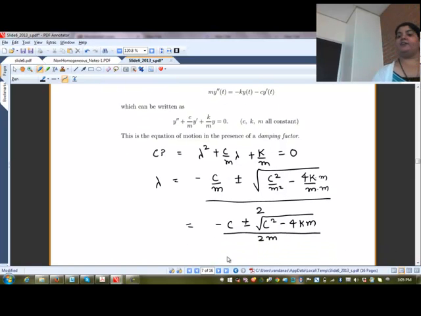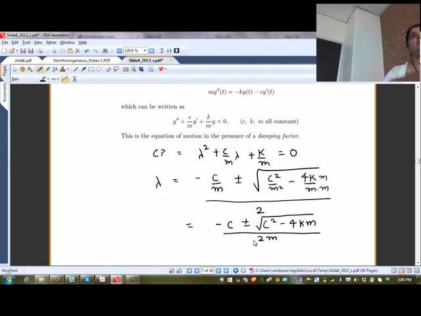Now the behavior depends on how c is related to 4km, because if c squared equals 4km, then you don't have any square root. So if c squared equals 4km, you have repeated roots, and the solution will be e to the power of this times t plus t times e to the power of this.